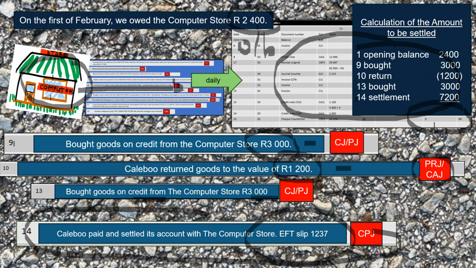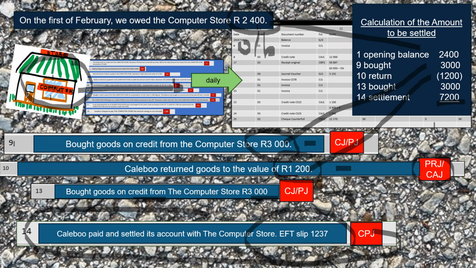If we look at the top right hand corner, how I got that 7,200, I took the opening balance, the 3,000 purchase, the 1,200 return, and another 3,000 purchase. Remember, you take off the return because you're not going to pay them for goods that you returned.